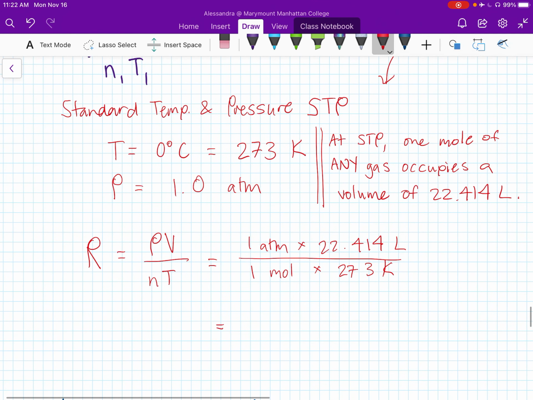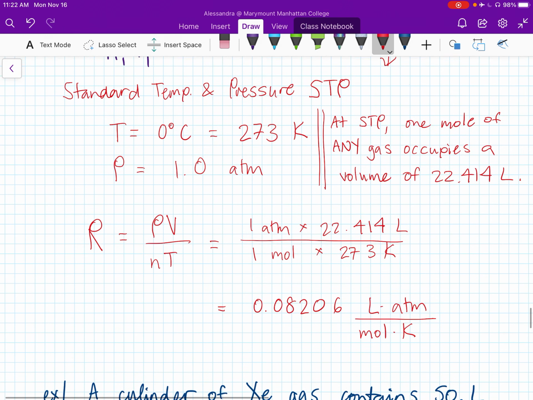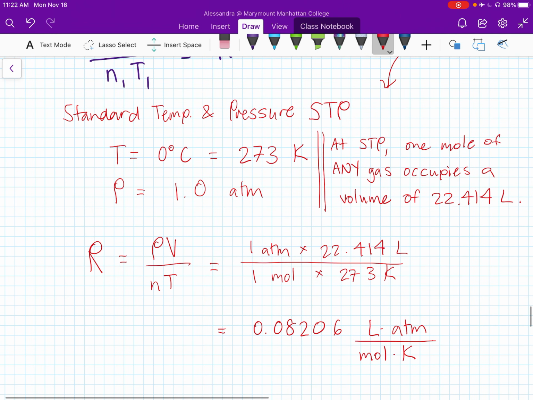And that gives me a value for R that is 0.08206 liter atmospheres per mole Kelvin. This R value is also known as the gas constant. So the gas constant R. And you will find yourself using this quite a lot in this chapter.